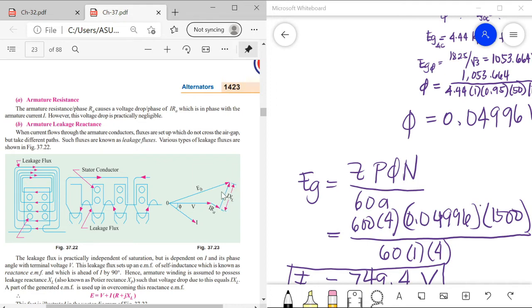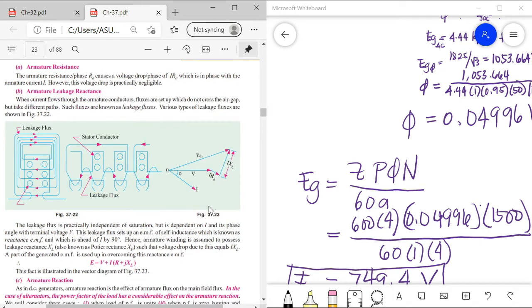If we add these to the terminal voltage, from your formula, the terminal voltage plus the drop in armature resistance and the drop in your leakage reactance is equal to the back EMF. This is your current, lagging with respect to the voltage.